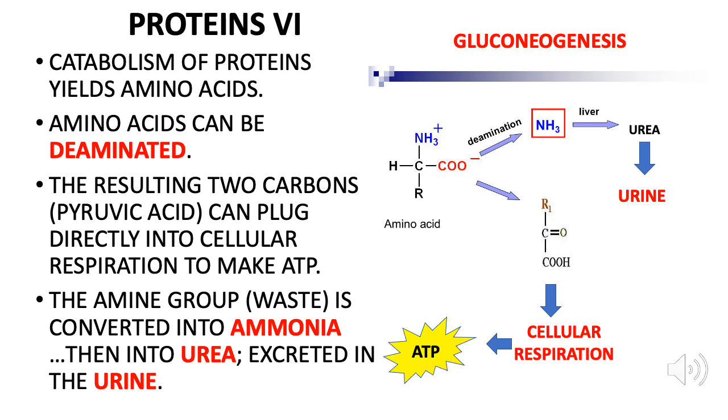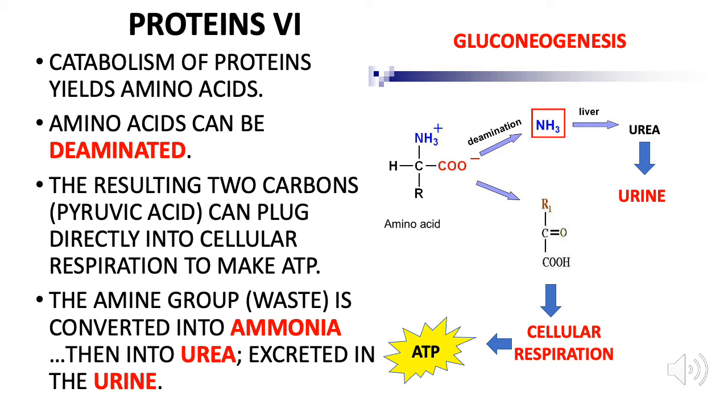So let's take a look at how we can actually manipulate these proteins so we can yield amino acids and then manipulate those in order to make these energy-containing compounds that can plug into cellular respiration. Well, when you break down proteins, you hydrolyze those peptide bonds.